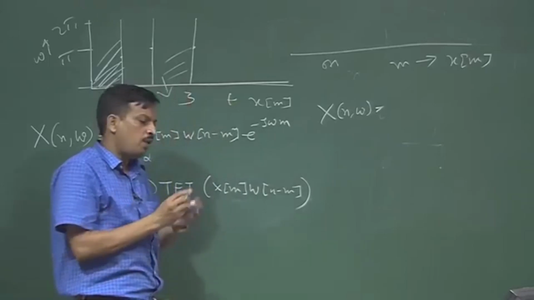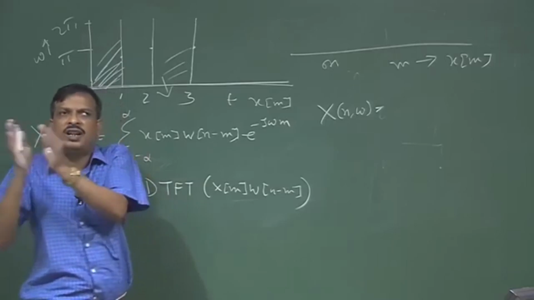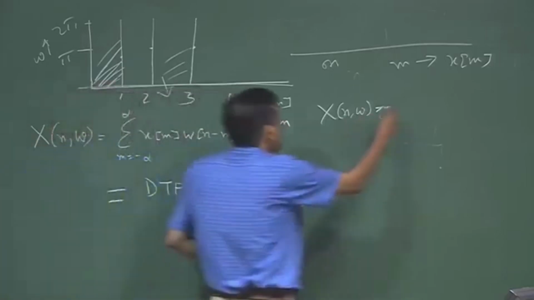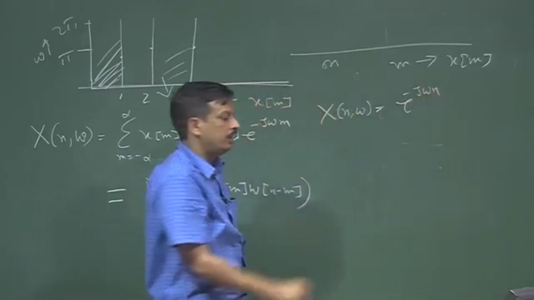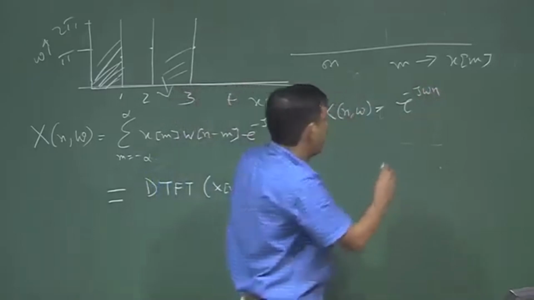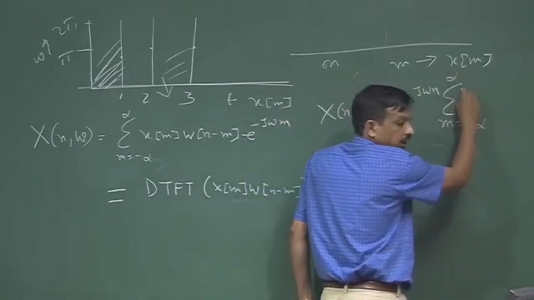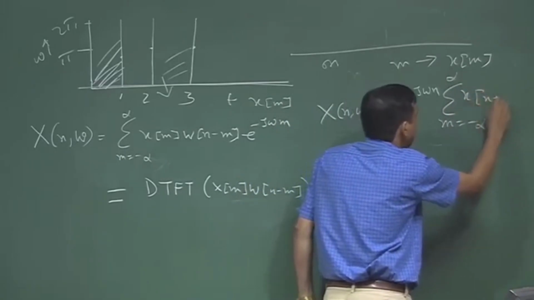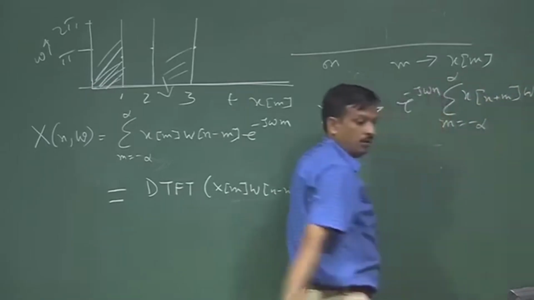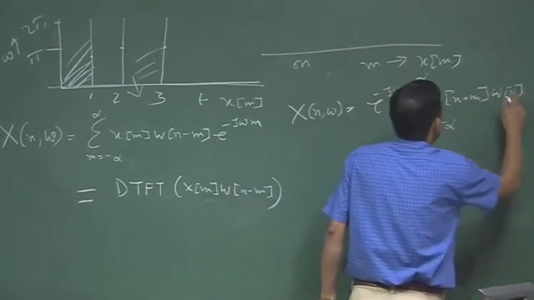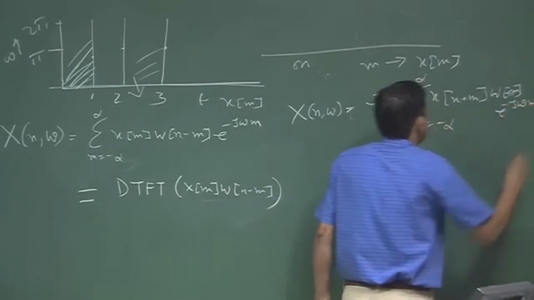So what I am doing is shifting the signal, or shifting the window, with time. So e to the power minus j omega n, sum over m equal to minus infinity to infinity of x of n plus m, omega minus m, e to the power minus j omega m.